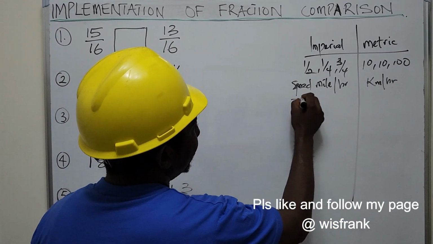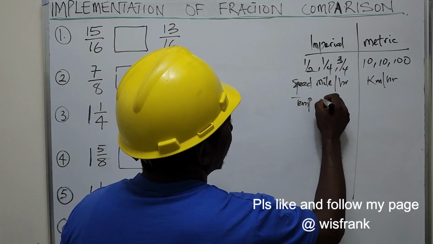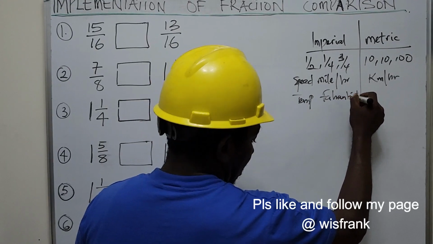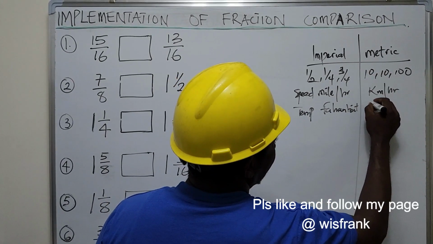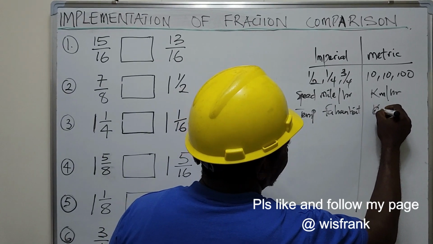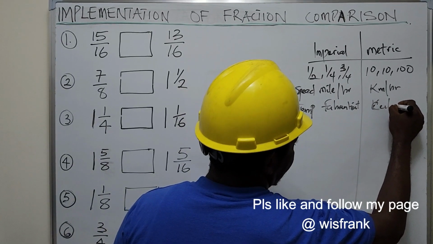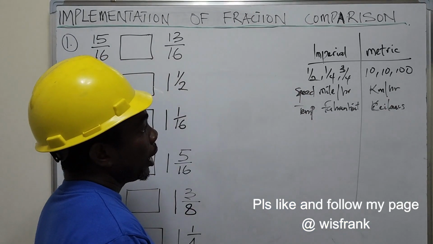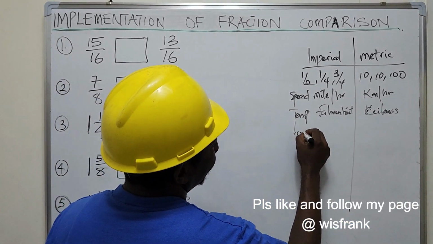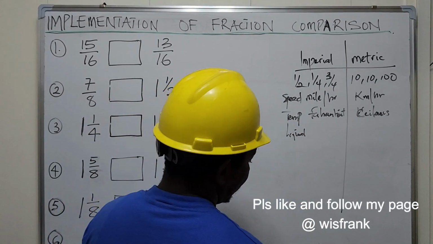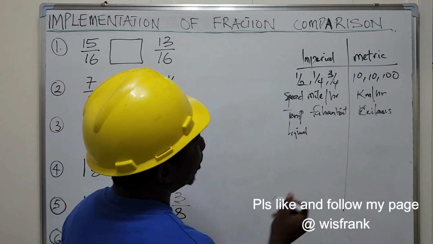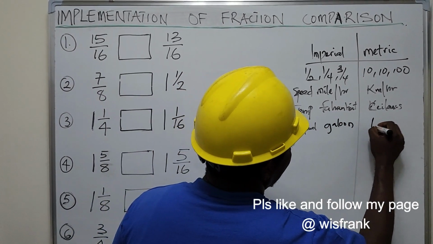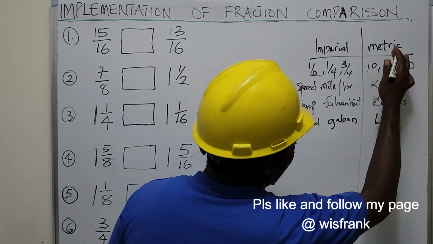Then in temperature, we have Fahrenheit, and in metrics we have Celsius. In liquid we have gallon and liters in metrics.